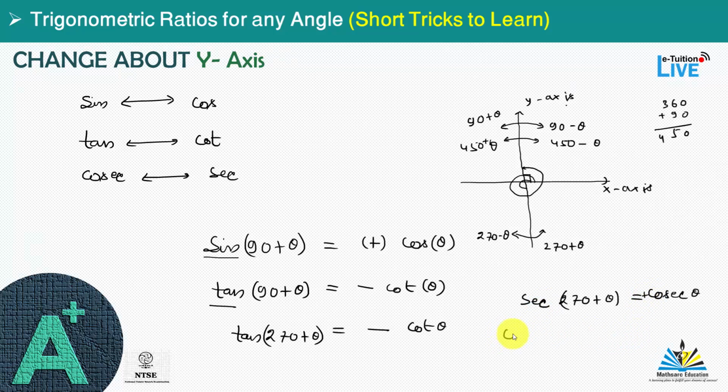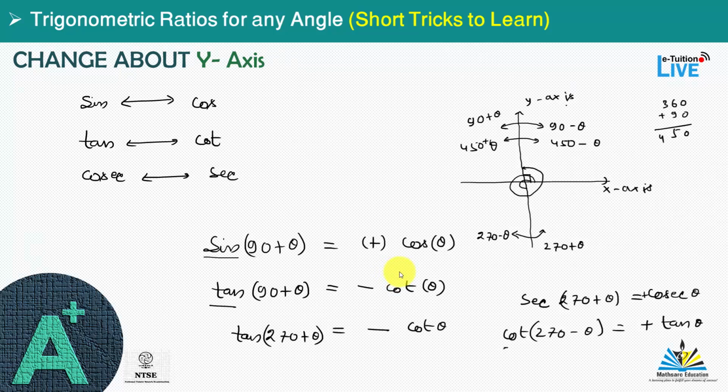Let's say cot of 270 minus theta, then cot will change into tan, hence we will have tan theta, and 270 minus theta lies in the third quadrant, and in the third quadrant cot is positive, so we need to apply a positive sign here. Hope you understand the case and the changes about the y-axis.